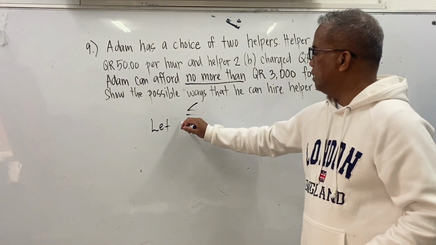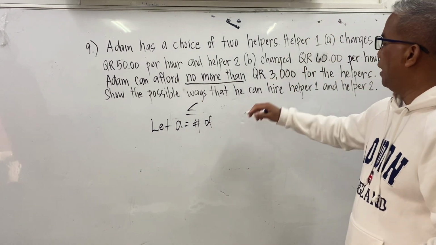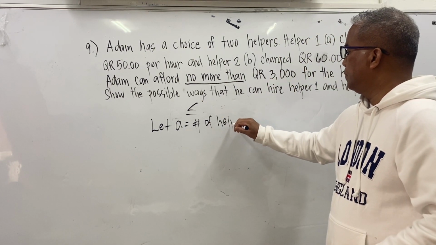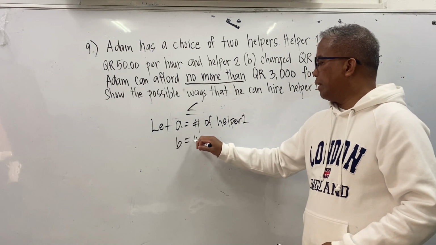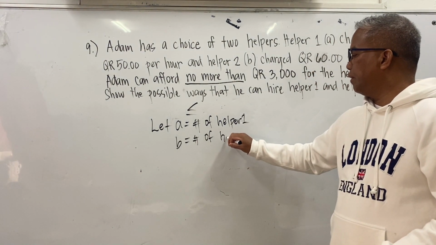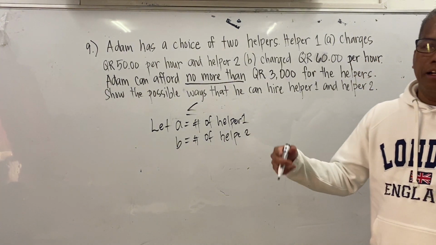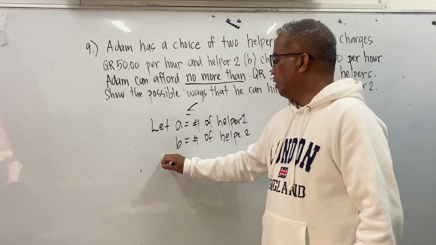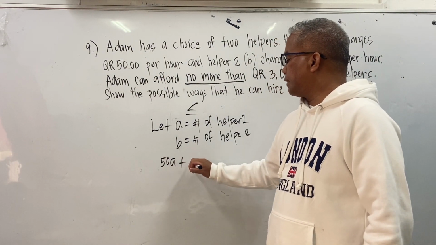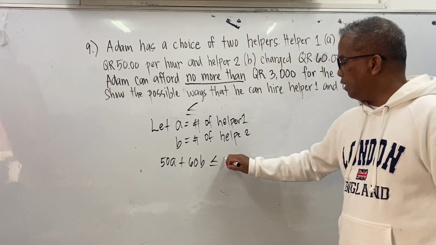Let A be the number of helper 1. Then B be the number of helper 2. And then let us write down the inequality. So we have 50 QR, 50A plus 60B less than or equal to 3,000.